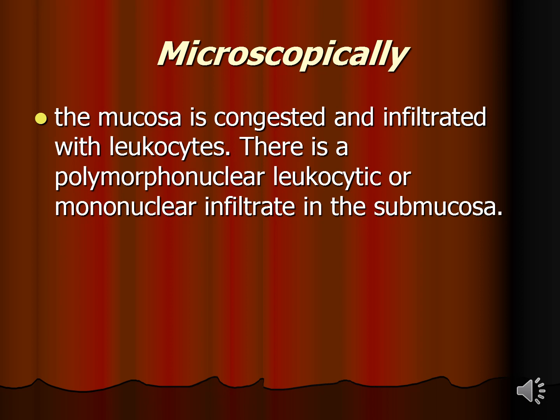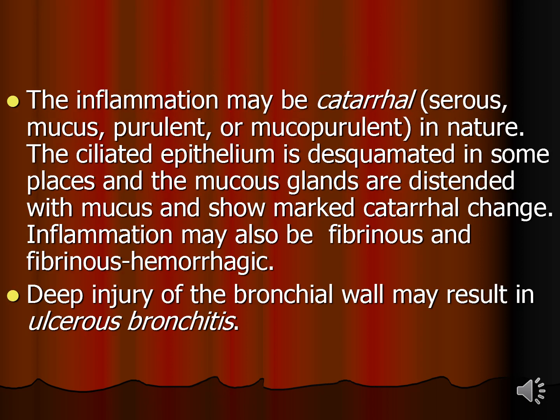Microscopically, the mucosa is congested and infiltrated by leukocytes. There is a polymorphonuclear leukocytic or mononuclear infiltrate in the submucosa. There are possible various kinds of inflammatory infiltrates and exudate.